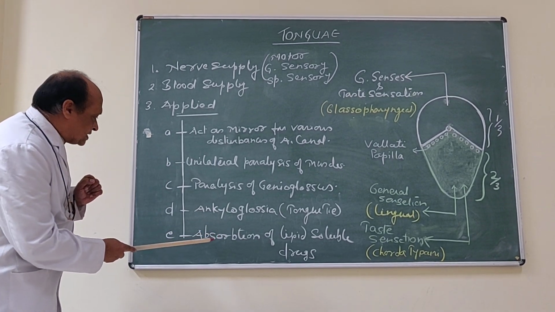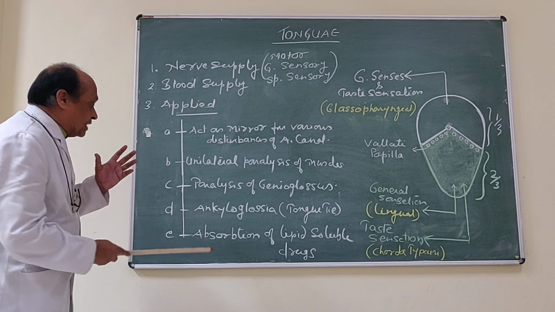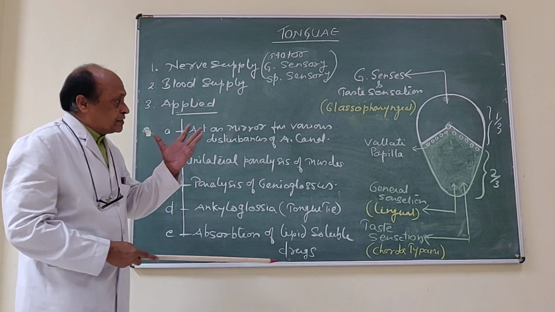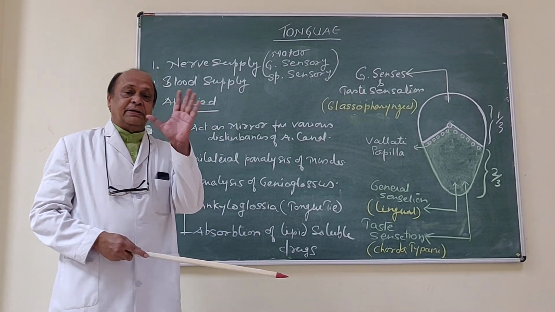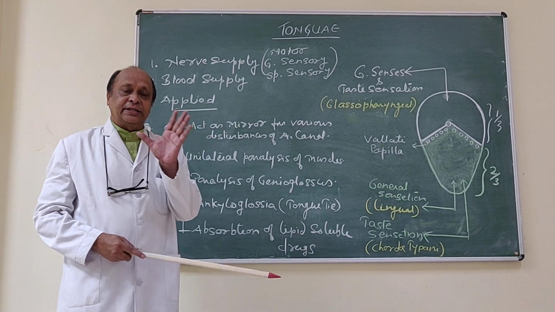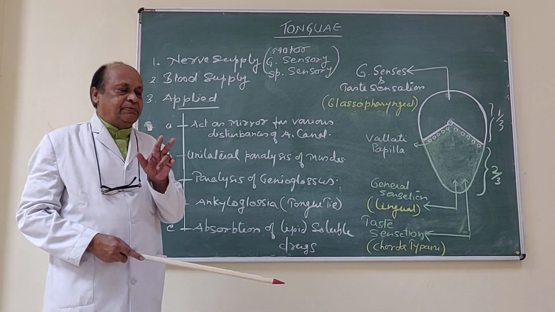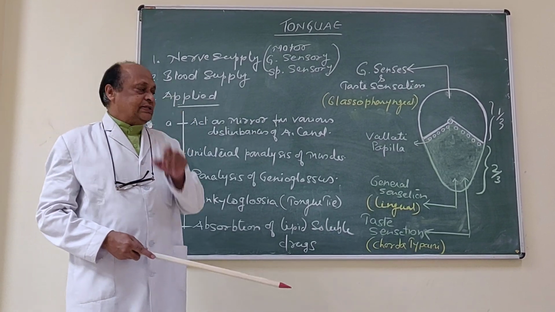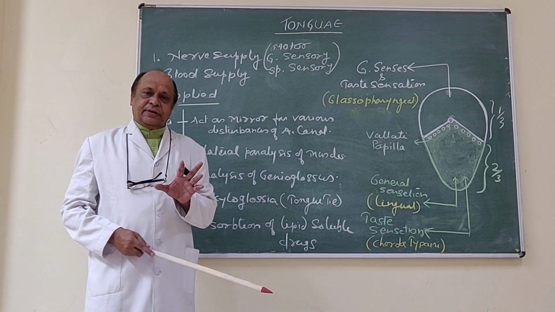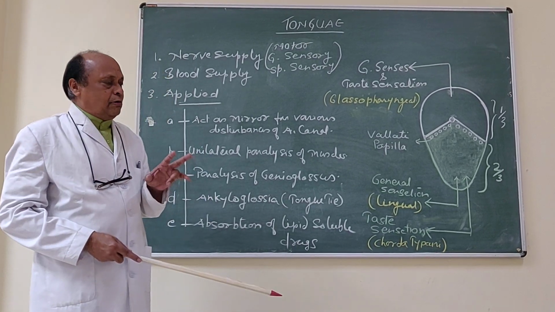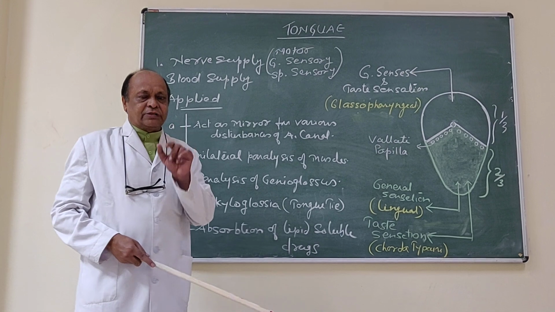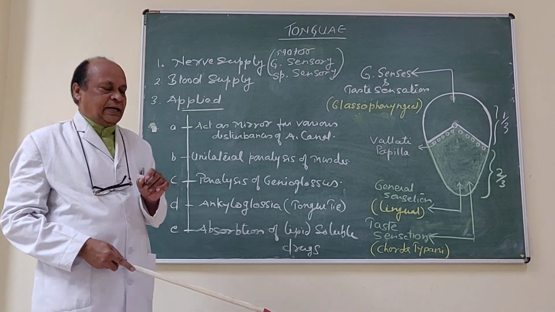Now another one is this. As we know, the under surface of tongue is covered by mucous membrane, which is very thin, and by the side of midline, deep lingual veins are there. And these deep lingual veins can be seen through mucous membrane as a blue line.